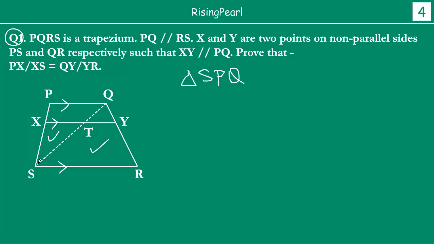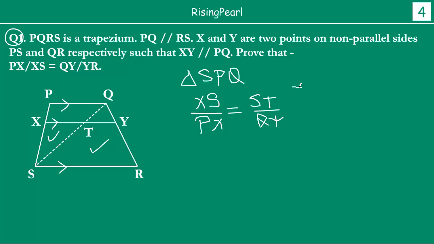So it means these ratios, let's write the ratio now, XS divided by PX is equal to ST divided by QT.